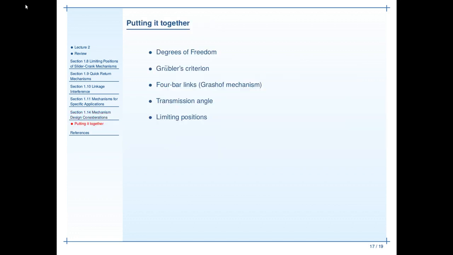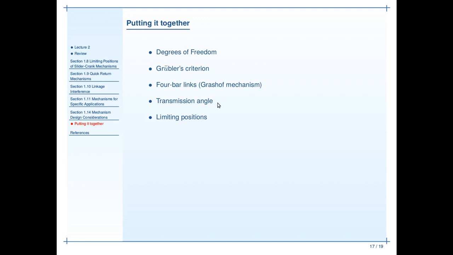So now to wrap up the lecture for tonight, putting things together a little bit, we've discussed in the first lecture, and then just a little bit in this one, degrees of freedom. In the first lecture, we discussed Grubler's criterion and 4-bar links, Grashof mechanisms. We also talked about one of the common limitations of mechanisms being the transmission angle, and that we need to maintain the transmission angle between suitable values, or a mechanism will have a tendency to bind up.